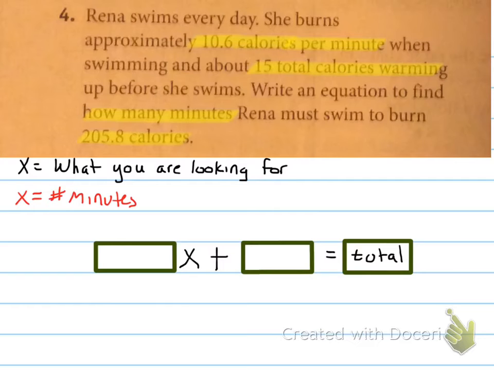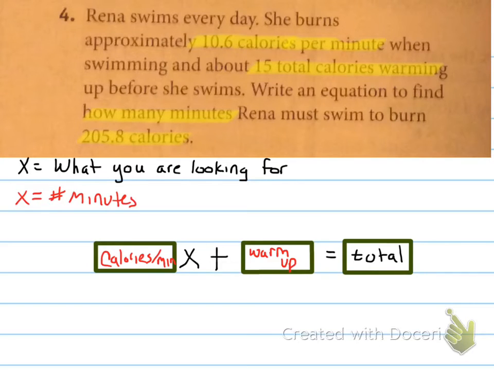So, which number links up to minutes? Calories per minute. So, calories per minute times X plus the warm-up is going to equal your total.